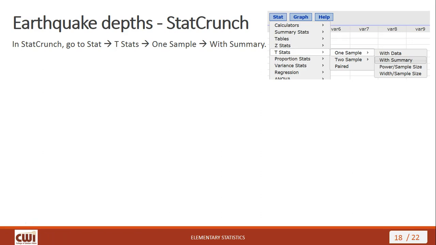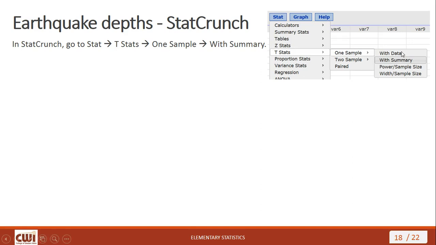If we wanted to go a little bit old school and calculate the margin of error by hand, we could go back up to the top here, click on the calculator option, get our student T calculator out, calculate that critical value T-score, and then use that to calculate the margin of error. Alternatively, we can just go down here to T-stat and use the functionality inside StatCrunch to calculate the entire confidence interval itself.